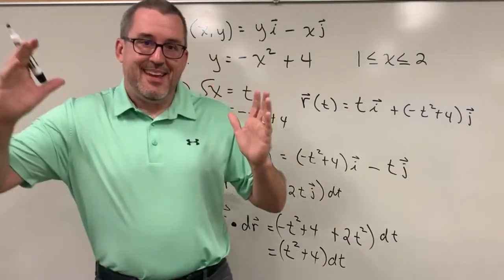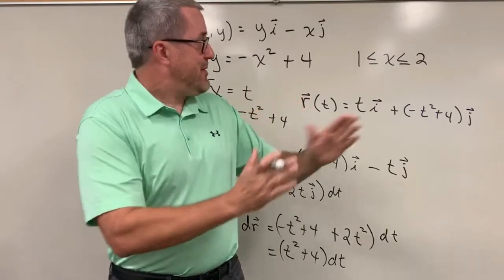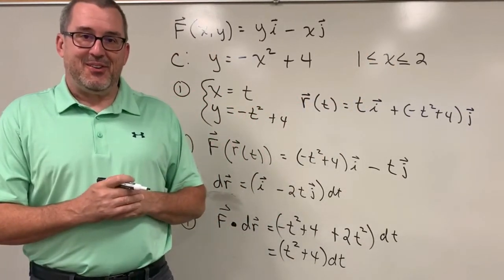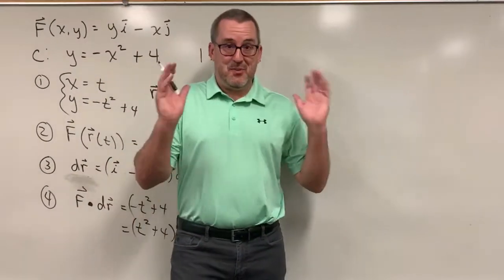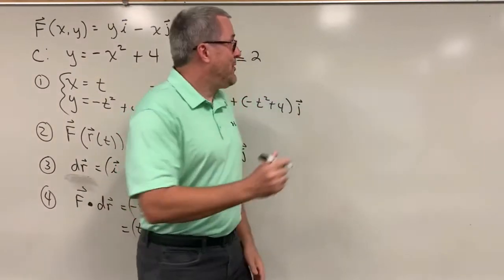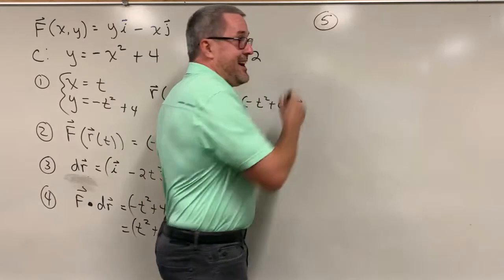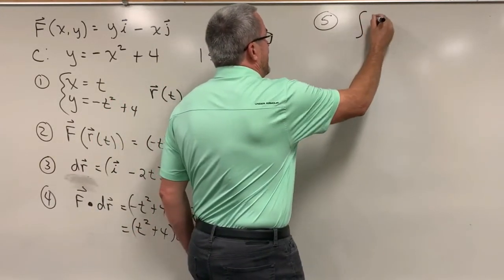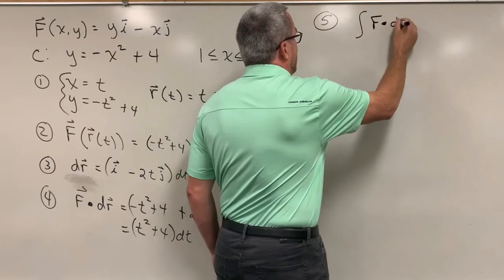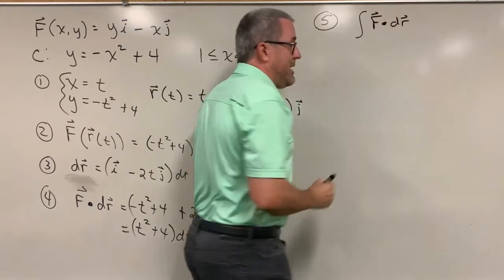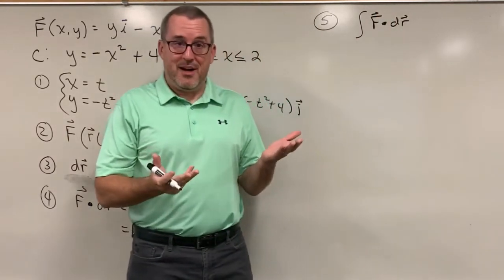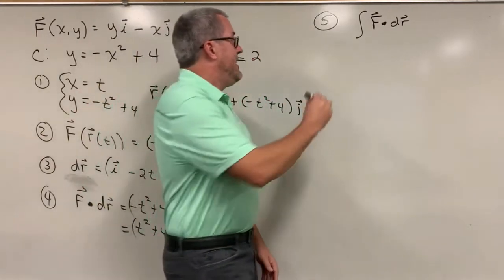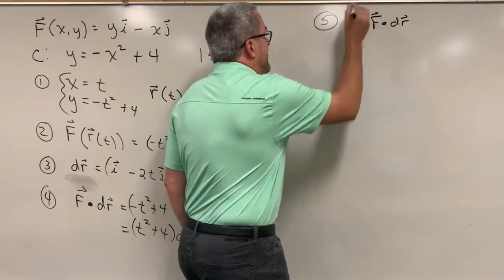Now we can accumulate all the dot products between 1 and 2 according to our integral. So now the line integral computation really comes down to this. We're going to integrate f dot dr. That is, we're going to sum up all of those dot products between the vector field and that parameterized curve on the interval from a to b.